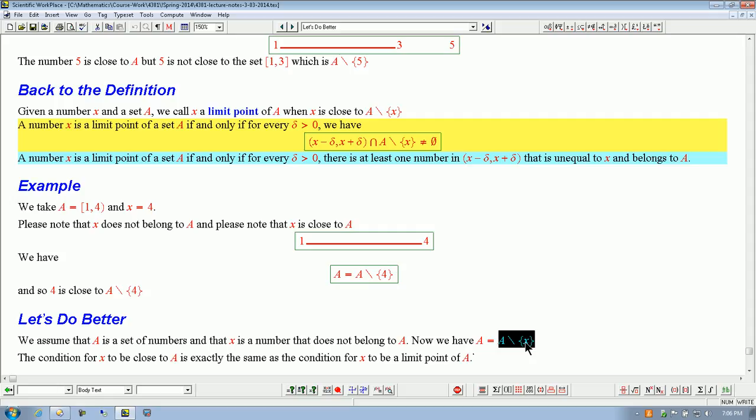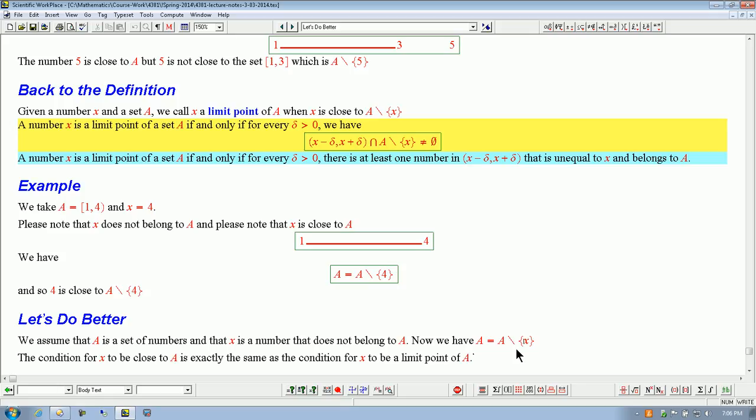Let me say, what does it take for X to be close to A? That every neighborhood of X intersects with A. What does it take for X to be a limit point of A? Every neighborhood of X intersects with that, right? But these sets are exactly the same.